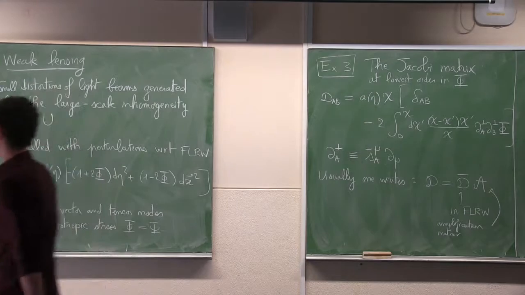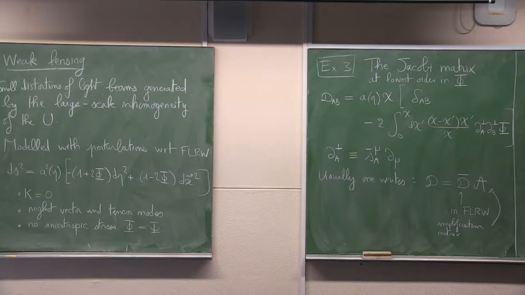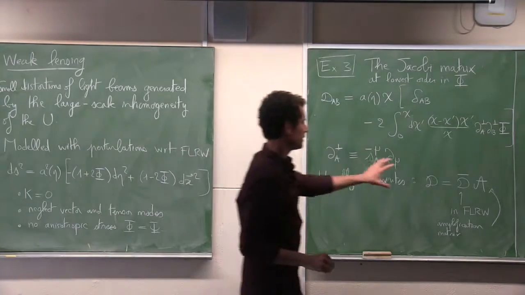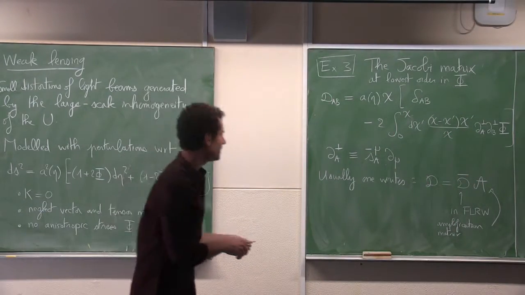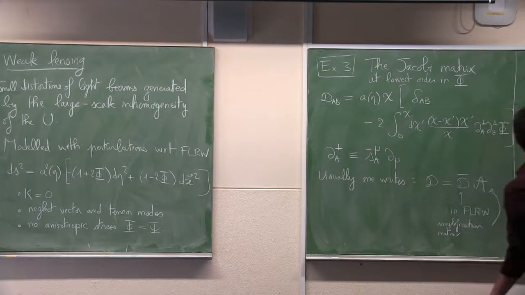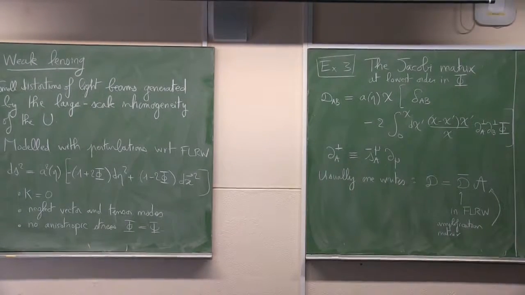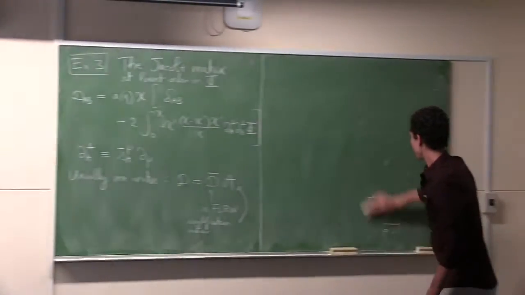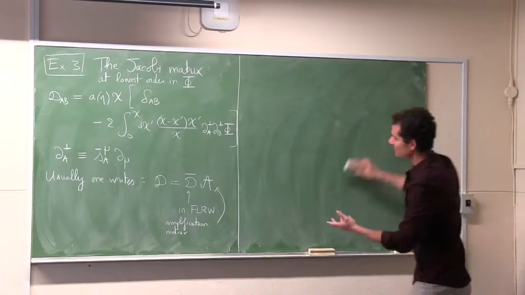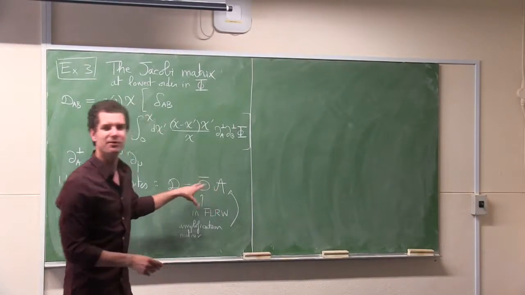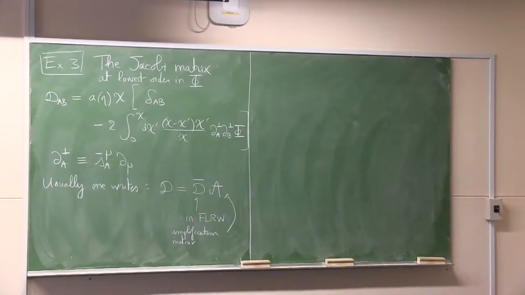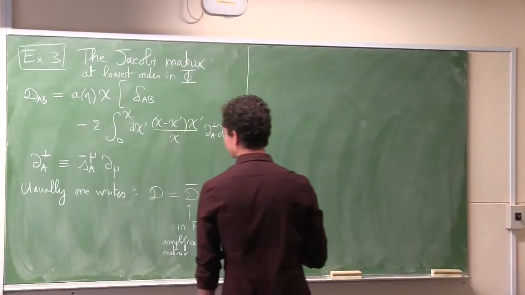I should have put a bar here to say that we consider the background. This is the amplification with respect to the background. It's actually a name which is not very well chosen, because it is the contrary. When the determinant of A is bigger than 1, then you have demagnification, and so this should actually be called the de-amplification matrix or the demagnification matrix.